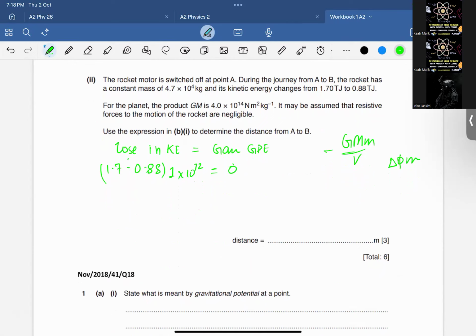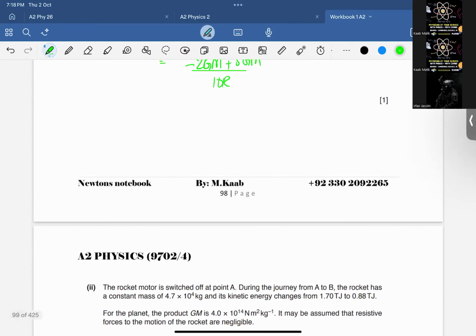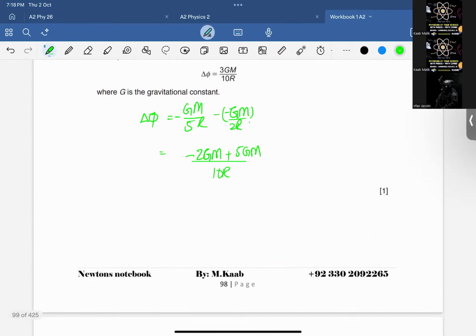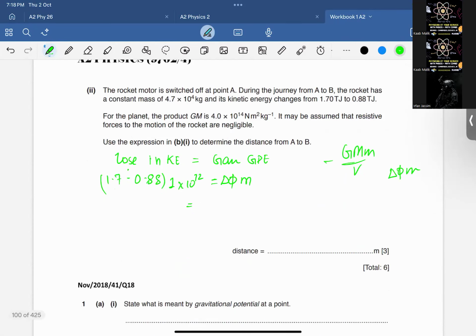Change in potential times m gives the change in gravitational potential energy. For the change in potential, we can use the previous result, 3GM over 10r, so 3GMm over 10r.